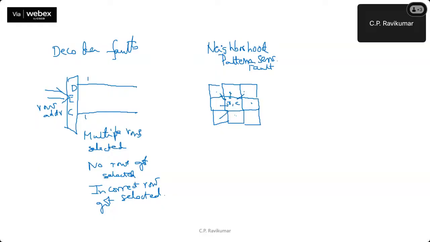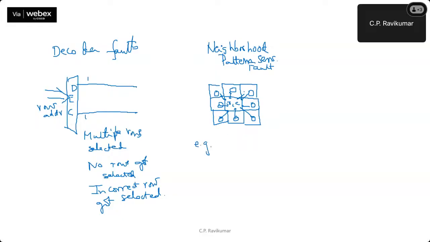We have already talked about the coupling fault. But in the neighborhood pattern sensitive fault, what could happen is when you write a specific pattern, maybe it is all zero pattern, then maybe this cell also goes to zero.